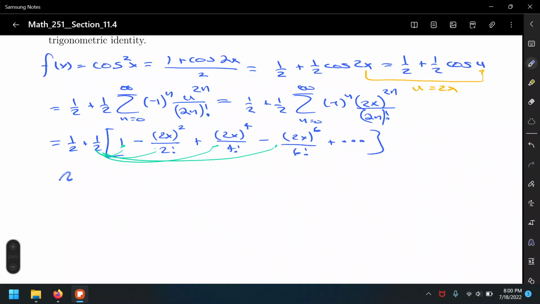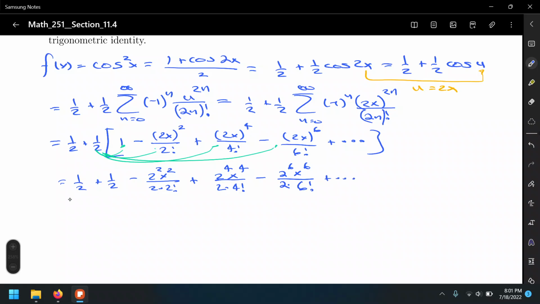So that's 1/2 plus 1/2 minus 2 squared x squared over 2 times 2 factorial, plus 2 to the fourth x to the fourth over 4 factorial, but don't forget the multiplication by 1/2, minus 2 to the 6 x to the 6 over 6 factorial times 2, plus dot dot dot.